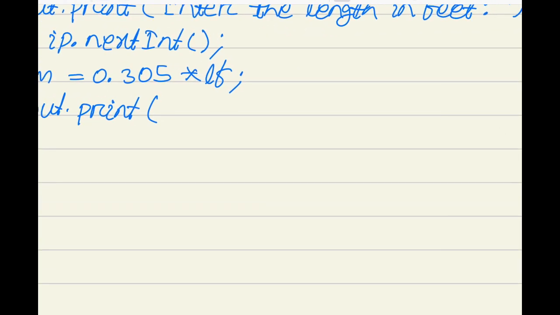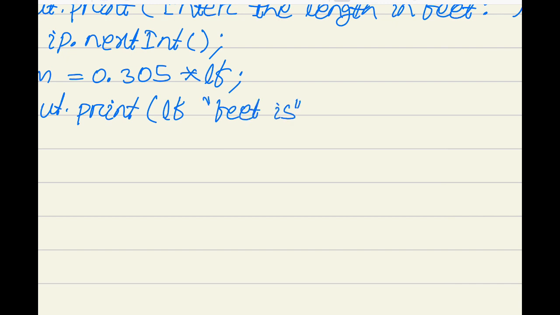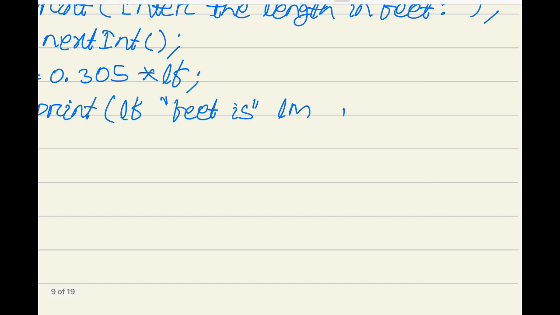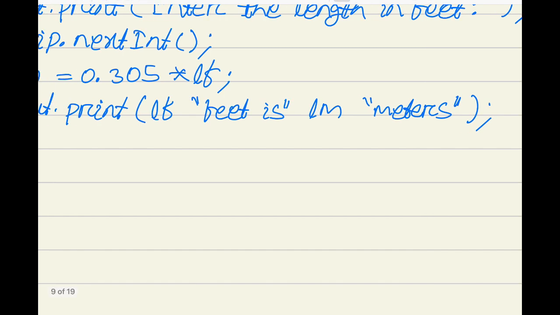So we can write this in the same way. So lf, then "feet is", then lm, then "meters". Now in place of 16 we have written lf, in place of the value we have written lm. Now we want to join or concatenate these things using plus.